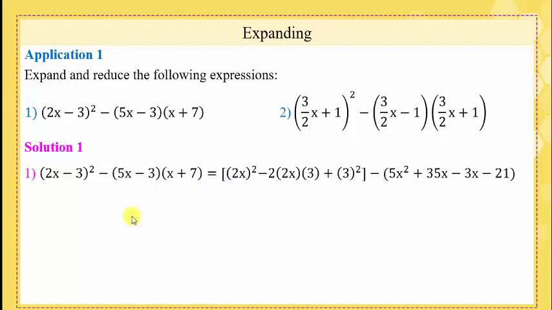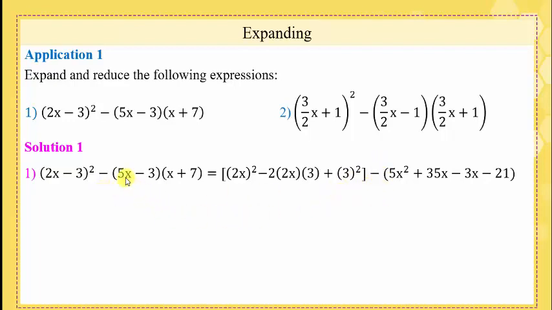Solution 1. Part 1. (2x - 3) perfect square is of the form (a - b) perfect square, which gives (2x) squared minus 2 multiplied by 2x by 3 plus 3 squared. Here we have minus. We open the parentheses.